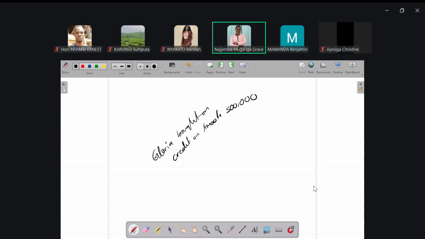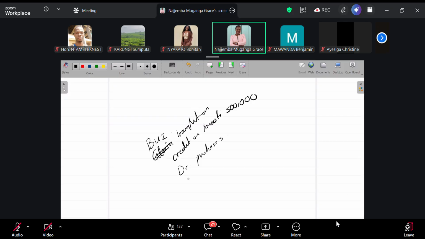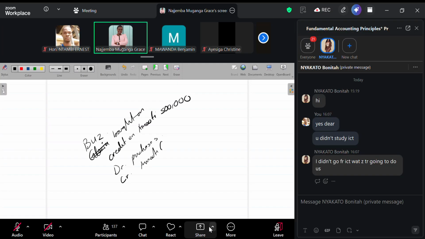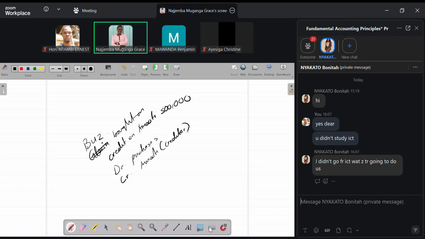Mr. Examiner, let us take Gloria. So the business bought on credit from Amoti. Business is receiving goods. I, as the accountant of the business, debit purchases because these are assets that are increasing. Then I will credit Amoti because Amoti is a creditor and therefore should be credited.